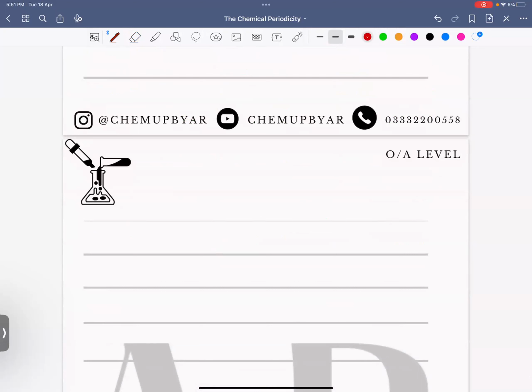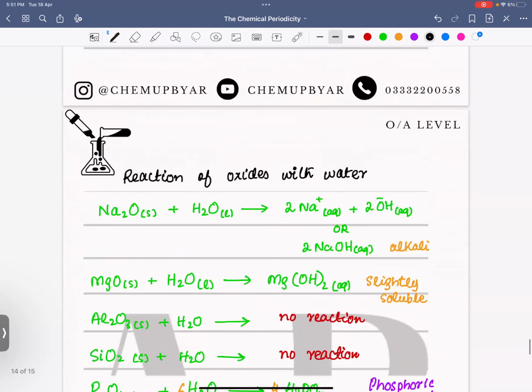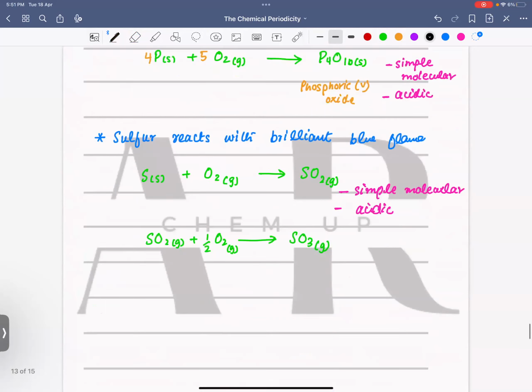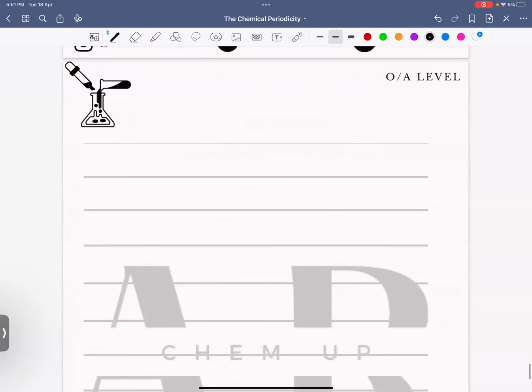Okay, then now we have our next reaction, that is the reaction of these elements with chlorine.